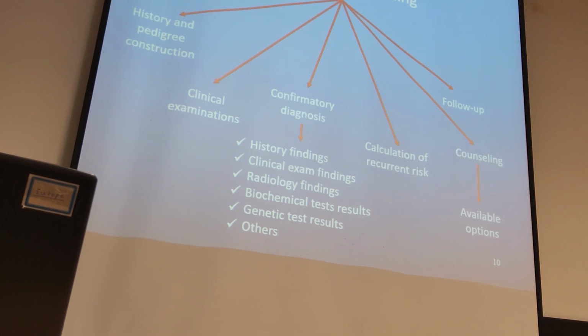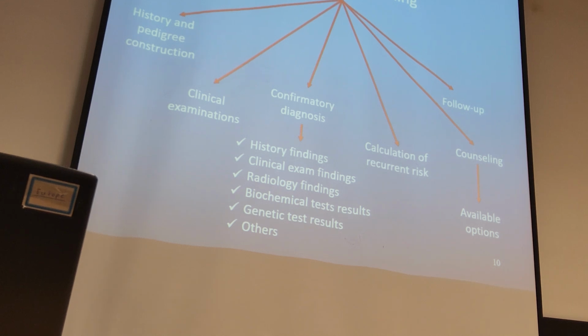For genetic counseling, there are some important components. The first thing is taking the family history and pedigree construction.